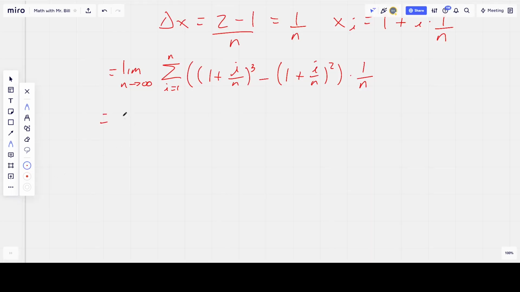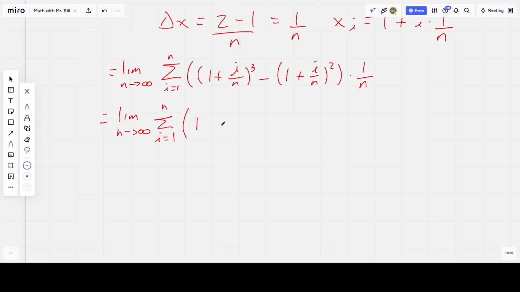So we get equal to the limit as n goes off to infinity. The expectation here is that if you don't have the expansion memorized, you go off and figure out what the expansion is. It's not impossible. It's just tedious. Here we'll just go ahead and write it out.